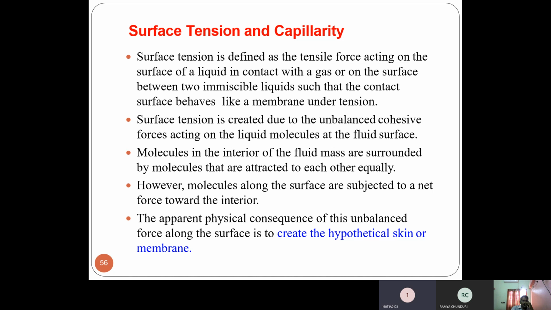Cohesive force means the forces between the molecules of the same liquid. And adhesive forces mean the molecular attractional forces between the molecules and the molecules of another surface. This is called adhesive force.